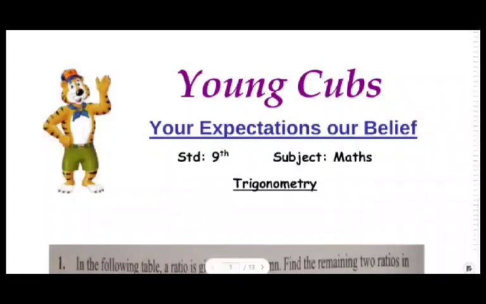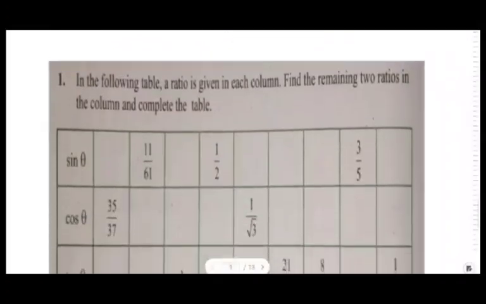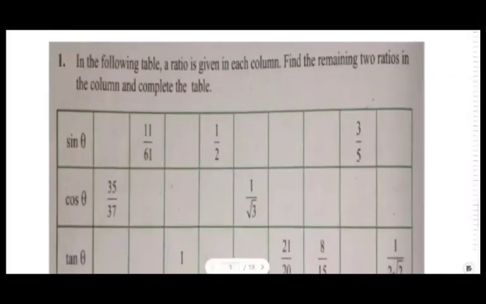We are continuing the chapter Trigonometry and we are solving this sum. In the following table, a ratio is given in each column. Find the remaining two ratios in the column and complete the table. What is a column, children?